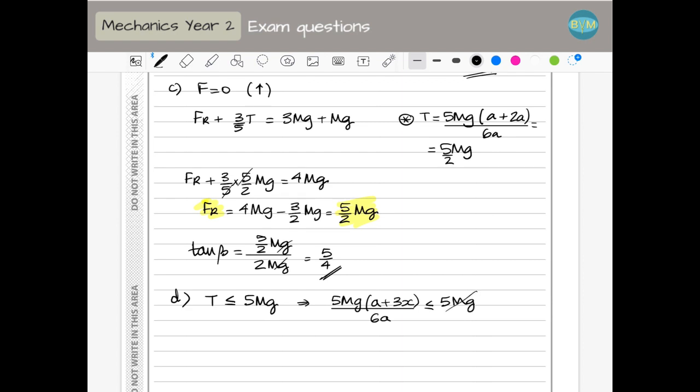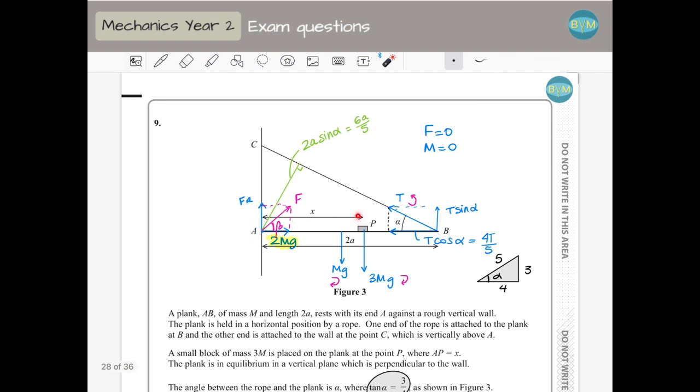So I can cancel 5 mg, and I have a plus 3x must be smaller or equal than 6a, which means that 3x must be smaller or equal than 5a, which means that x must be smaller or equal than 5a divided by 3. So that's my limitation. X must be closer than 5a divided by 3 from a. So the maximum distance will be 5a divided by 3. And that's all with this question. It's just that.